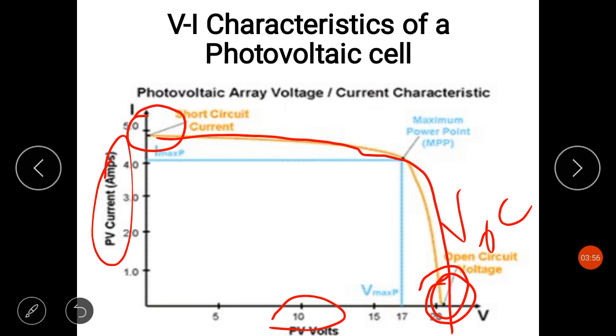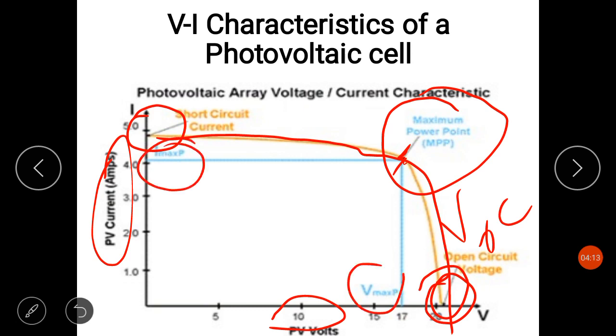However, there is one particular combination of current and voltage for which the power reaches its maximum value, at IMP and VMP, the maximum current and maximum voltage. When these two points meet, this is the point on the graph where the power will be the maximum.